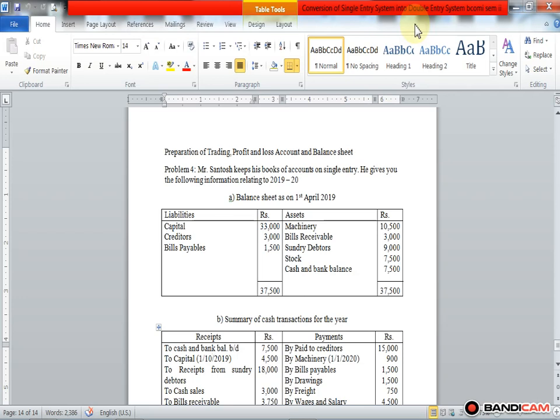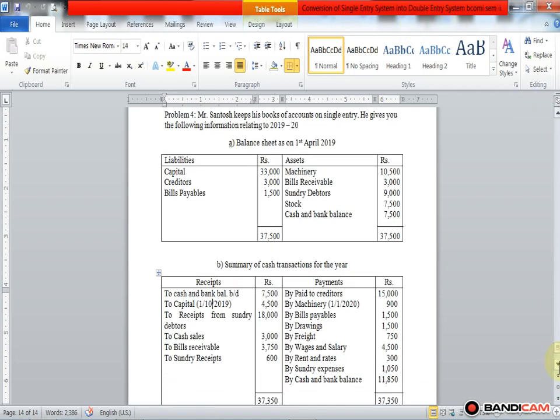Asset side: machinery 10,500, bills receivable 3,000, sundry debtors 9,000, stock 7,500, cash and bank balance 7,500. Total of both sides is 37,500.